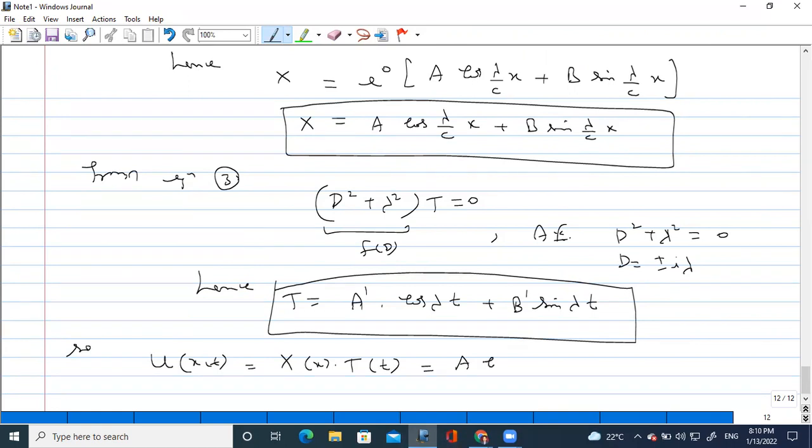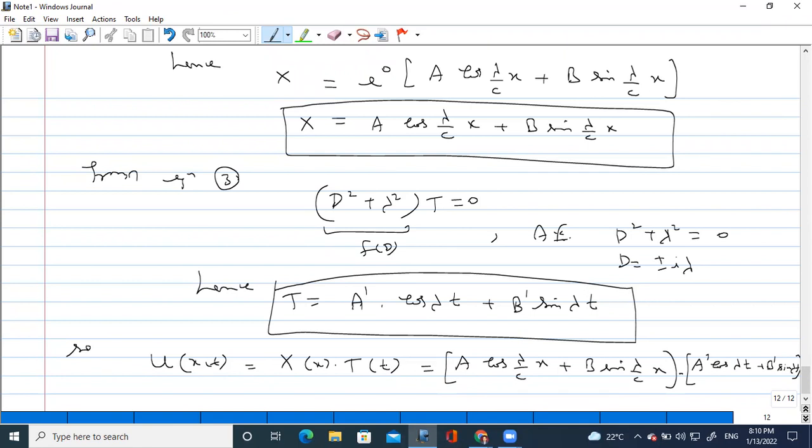So it will be a cos lambda by c into x plus b sin lambda by c into x, times a dash cos lambda t plus b dash sin lambda t. Like this you can write, this is the simple multiplication of that. So this is your final answer.